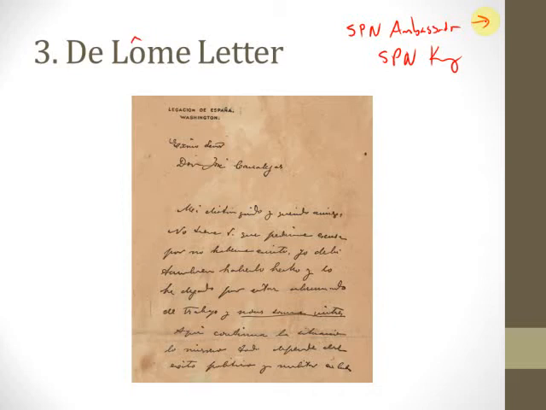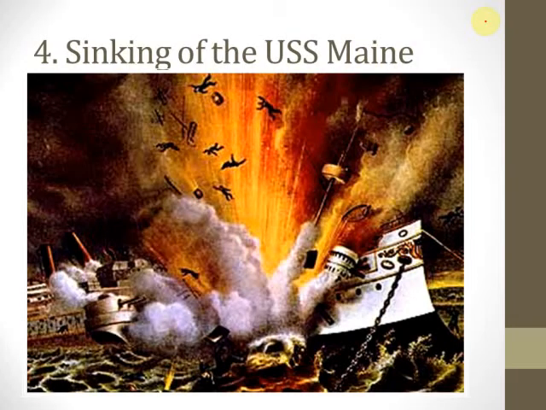So that happened. And then this happened. The sinking of the USS Maine. So what happened was that the USS Maine was a Navy ship, or a U.S. ship, that was docked in Havana Harbor.